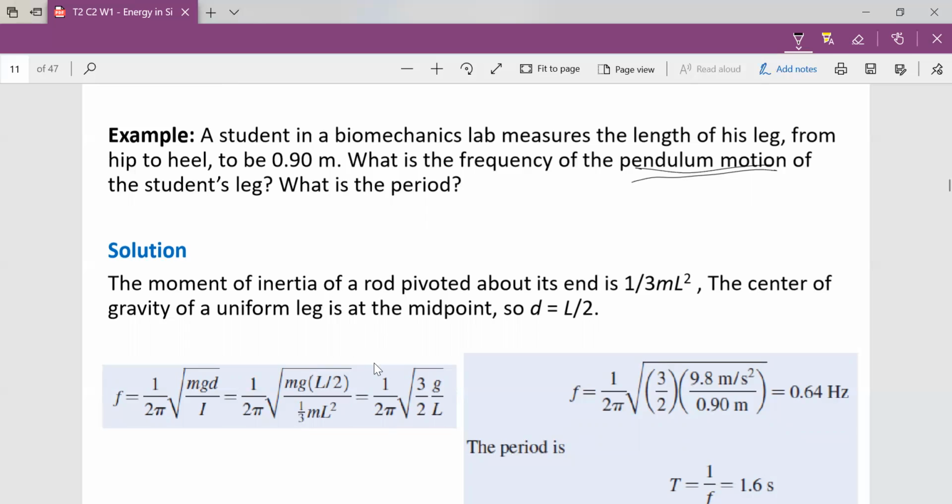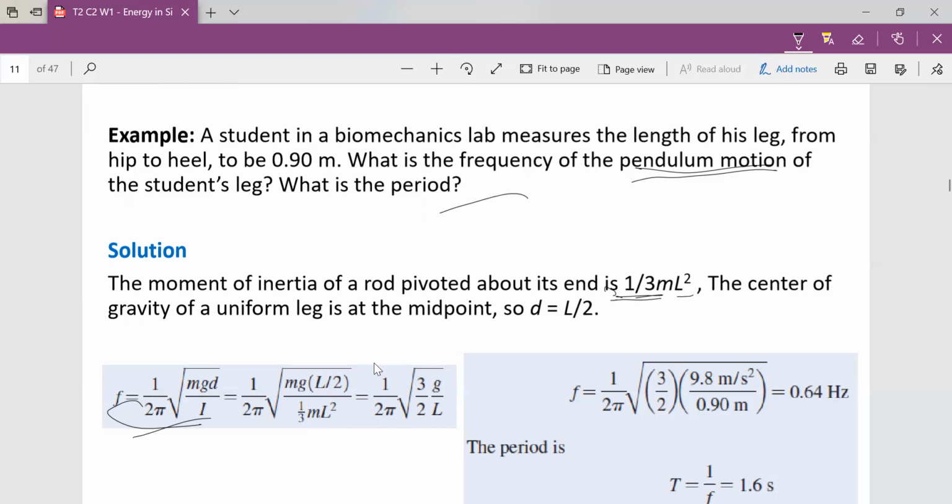So applying that equation directly and substituting the information we have from the question, the moment of inertia about the pivot at the end is 1/3 mL squared.